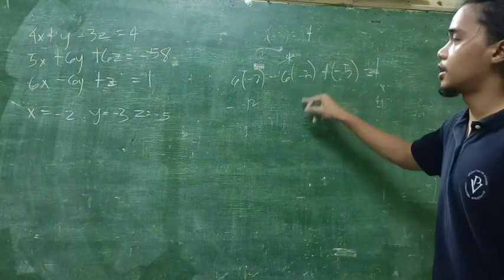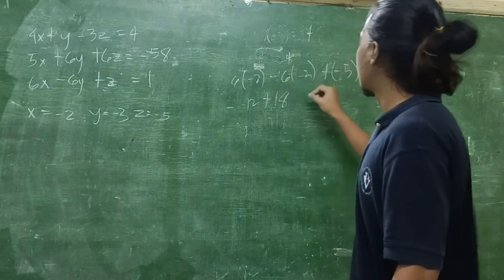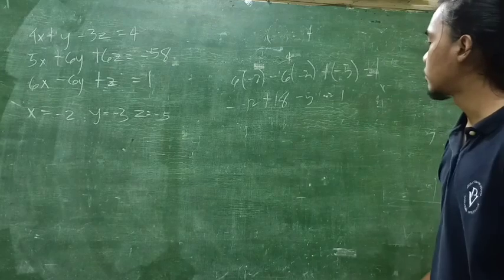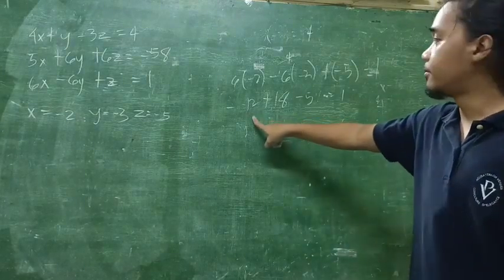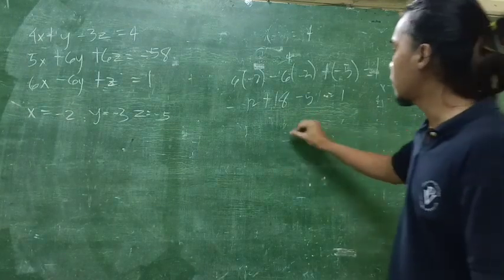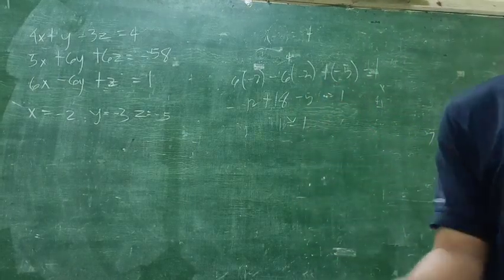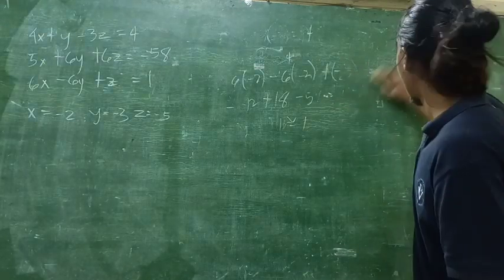Negative 6 times negative 3 is positive 18, minus 5 equals 1. So negative 12 plus 18 is 6, minus 5 is 1. 1 is equal to 1. So the values of our variables are correct.